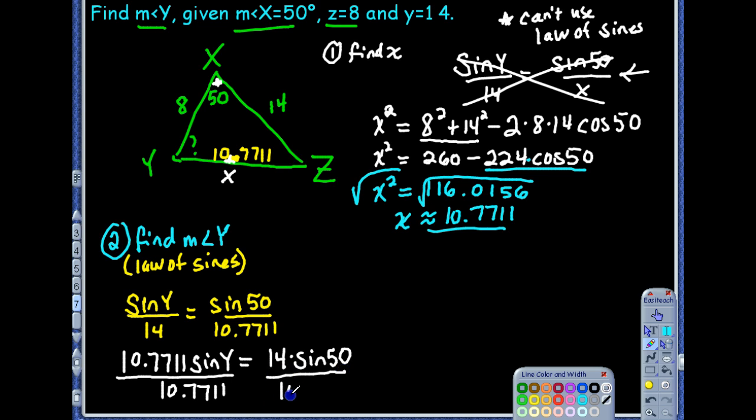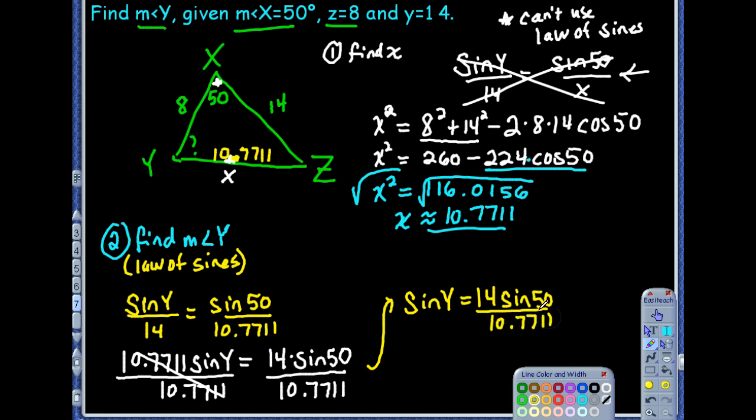Now, here's what I would do in my calculator to keep this as exact as possible. I still have that 10.771, etc. in my calculator. So I'm going to take this 14 sine of 50 and divide that all by the 10 point, whatever the answer recall is.